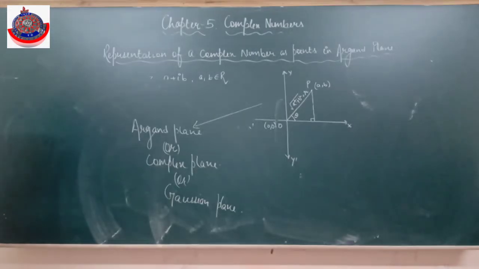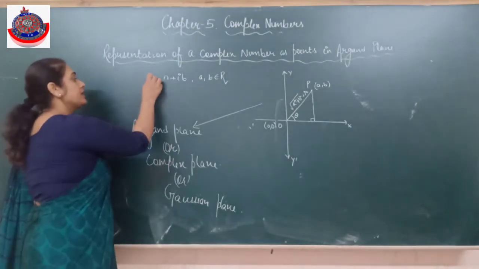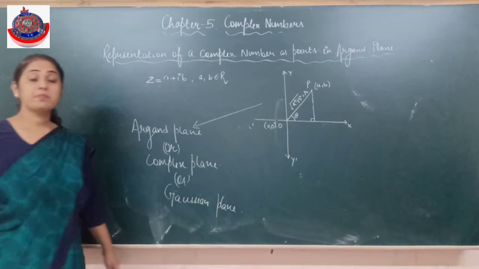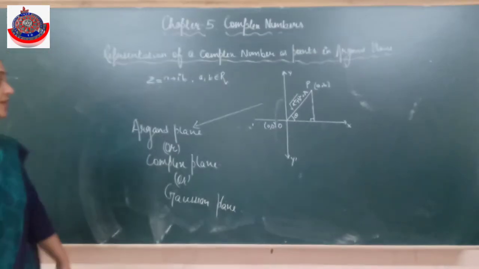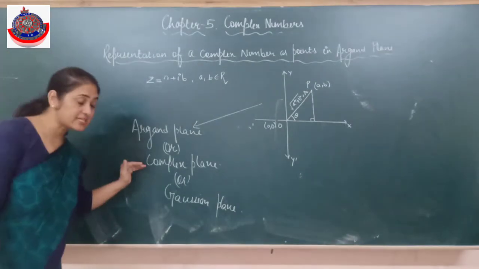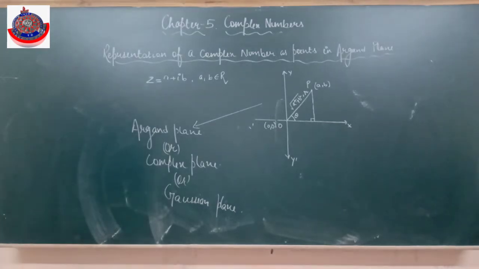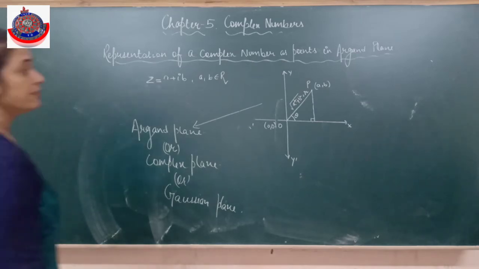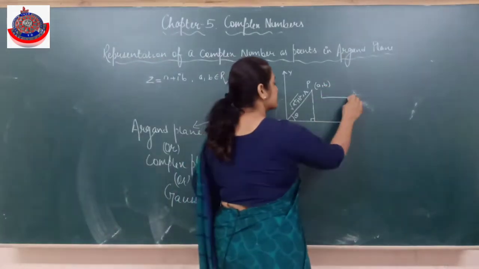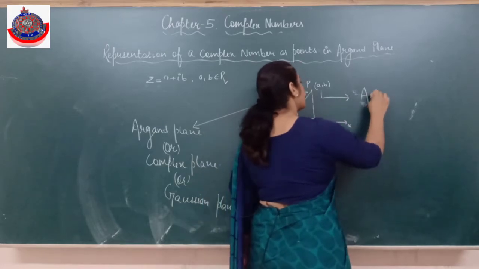Any plane which represents a complex number is geometrically known as the Argand plane, complex plane, or Gaussian plane. And the point P plotted on the Argand plane is called the Argand diagram.